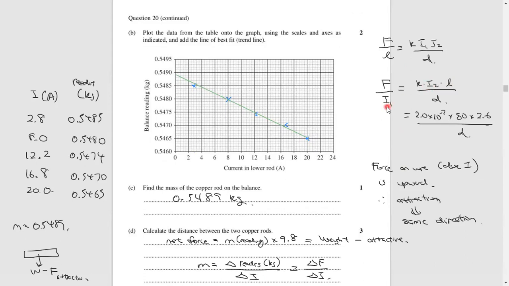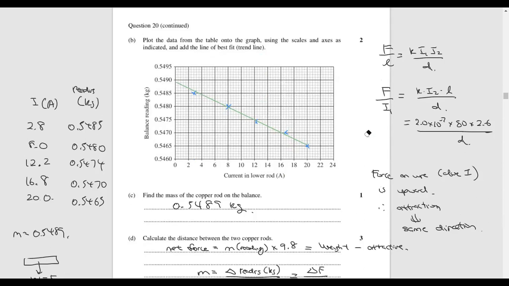And as long as we can work out the gradient, okay, so the gradient using the units on the axis is currently kilograms over I, all right? So basically, what you need to get F over I is the gradient of our line of best fit, multiplied by 9.8. That's what we're going to get.